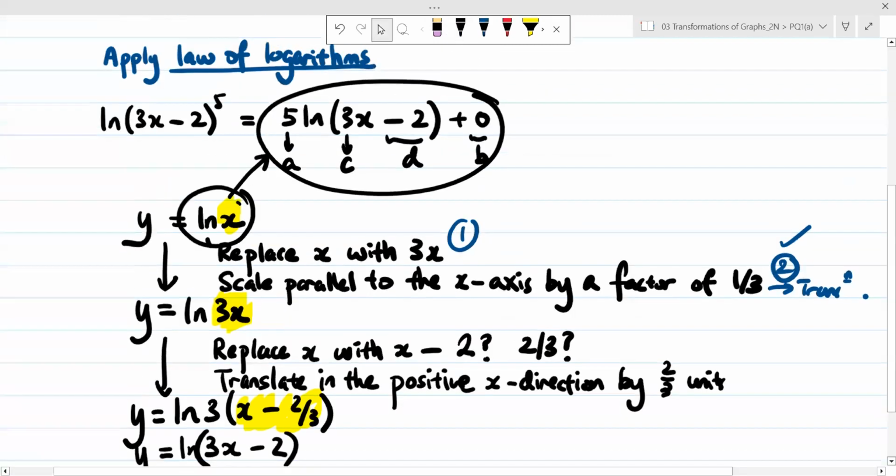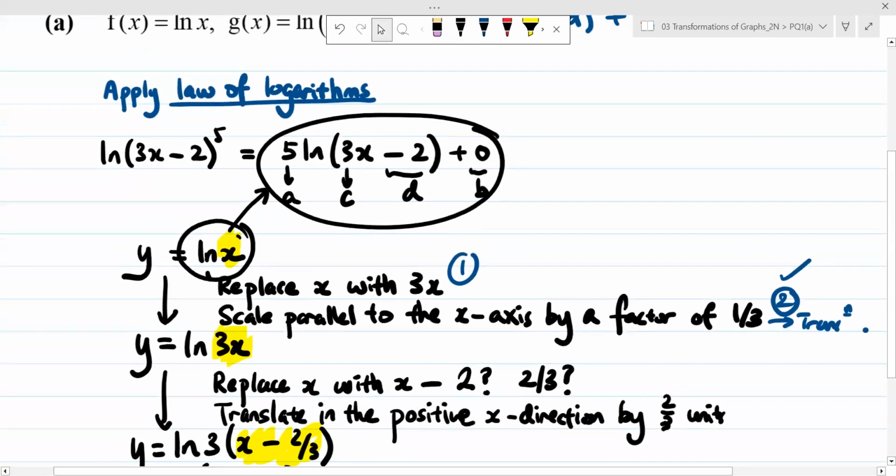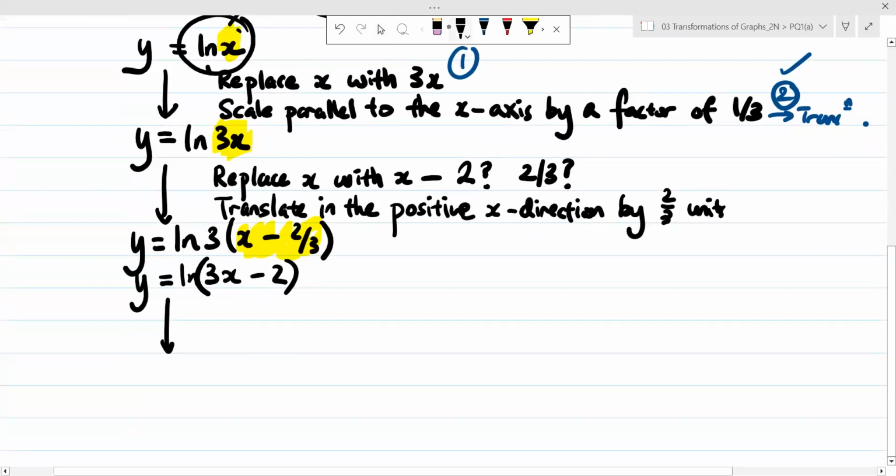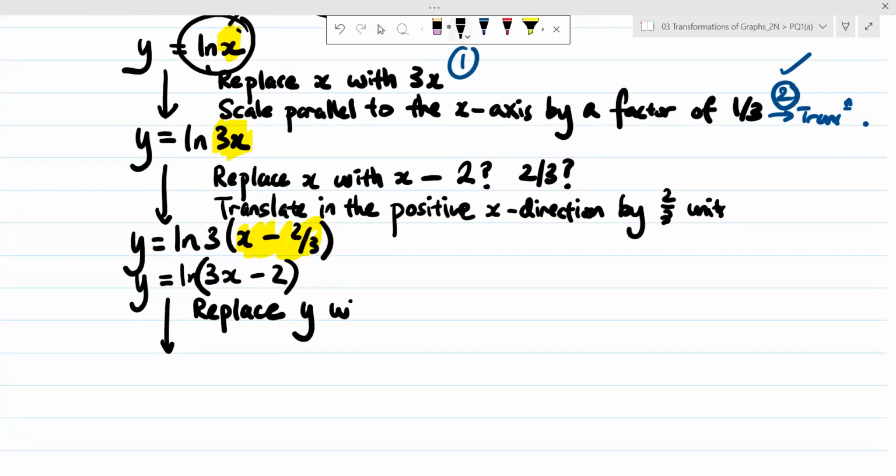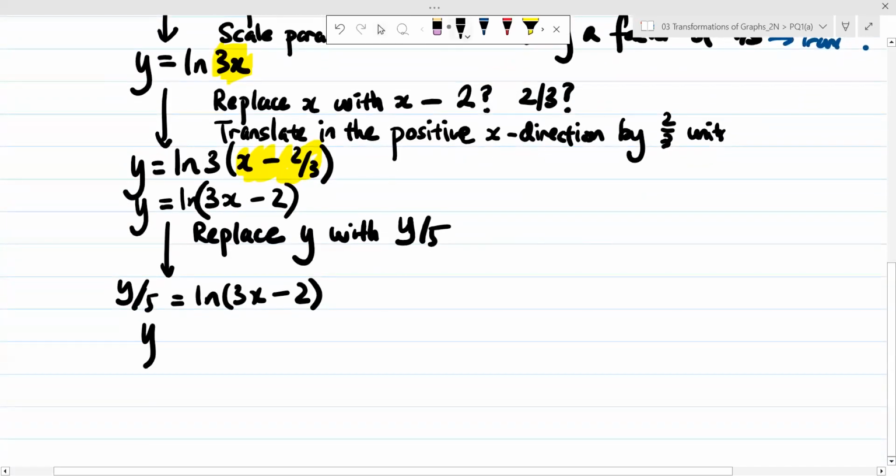And then lastly, you replace what? Yes. So I suggest you write this first. Don't immediately write y equals 5 times of this, because you want to see for yourself what is the replacement.